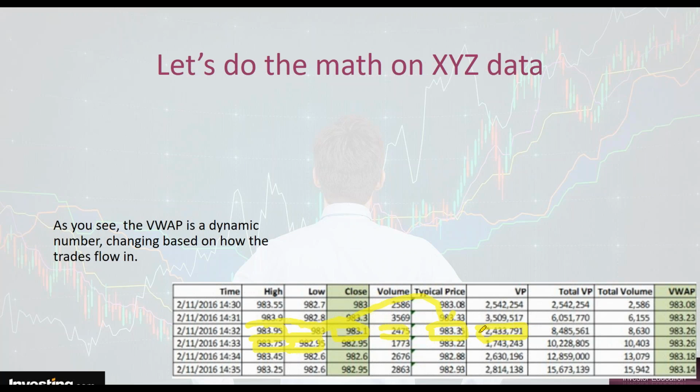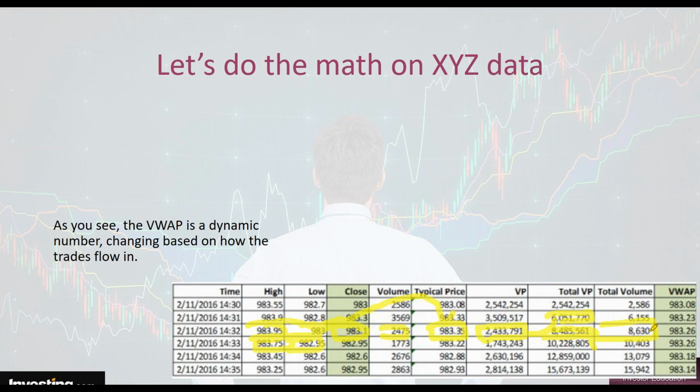Then we have to get our total volume. Our volume for this current trading period was 2433. We add that number to the previous number, and that gives us 8630.